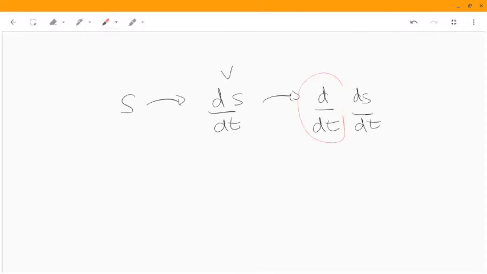This little bit right here is that differential operator, the derivative, that acts on this right here. So this d by dt happens twice on displacement. So we now get d squared s over dt squared. That's really how you want to understand that.